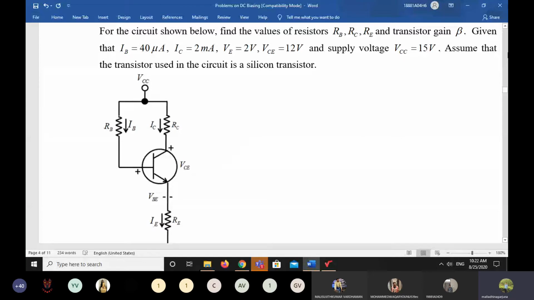Assume that the transistor used in the circuit is a silicon transistor. So note down this problem.